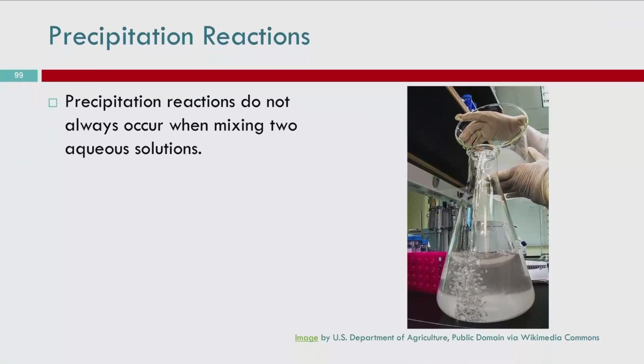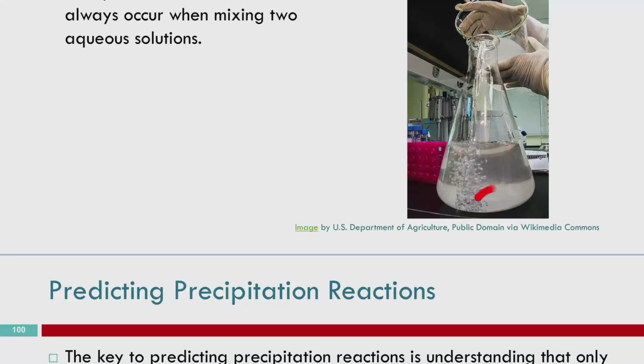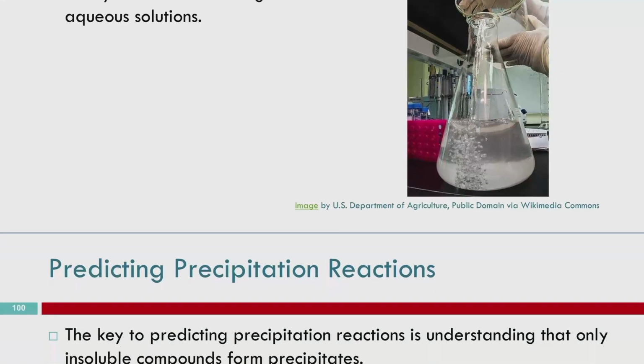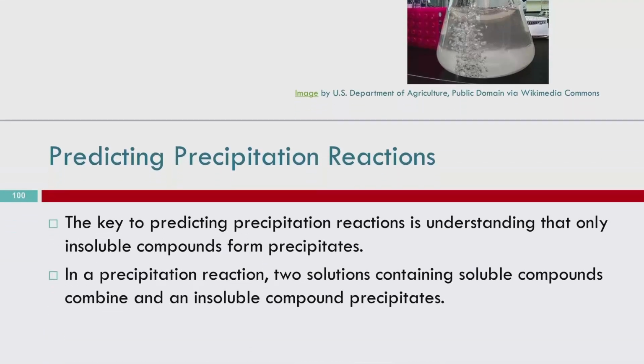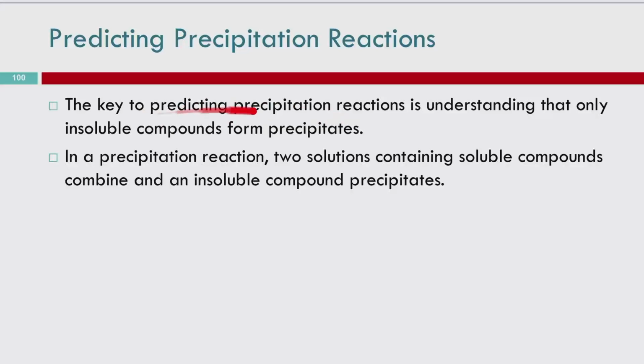You don't always get precipitation reactions when you mix two aqueous solutions. Sometimes you mix two things together and they're still soluble, and now you've just got more ions, but in one solution. Like is happening here, where you just have bubbles from mixing these two things. There's no solids coming out of solution. So the key to predicting precipitation reactions, which are typically double displacement reactions, is understanding that only insoluble compounds form precipitates.